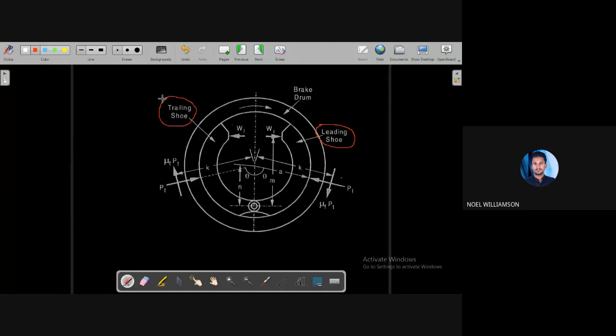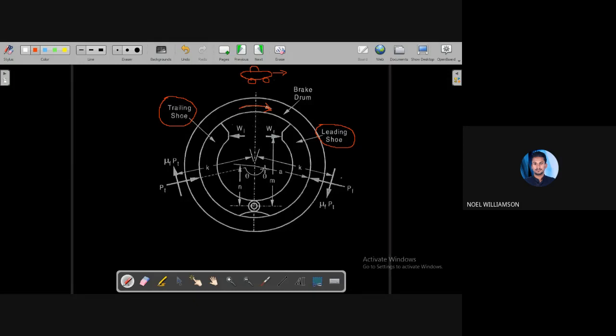How did the names come about? Here you can see the direction of motion of the drum, in this particular direction. That means the vehicle is moving in this direction. This is the rotation of the drum.